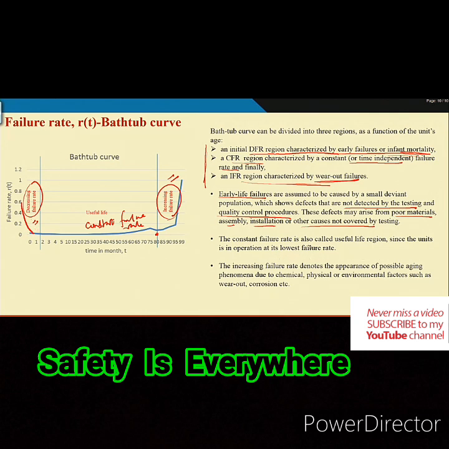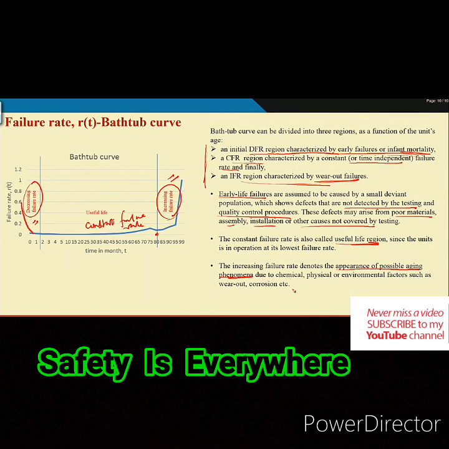So, the constant failure rate region is called the useful life region, very important, and this is the time when the product or the unit is under full operation, under full utilization, and the increasing failure rate is near the appearance of possible aging phenomena.